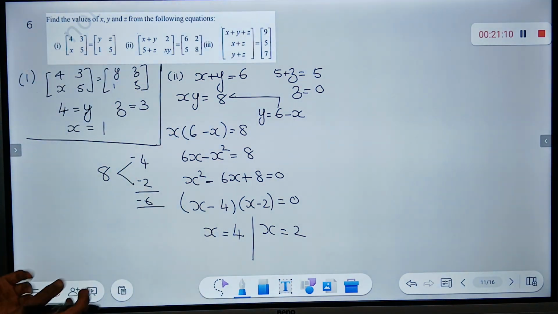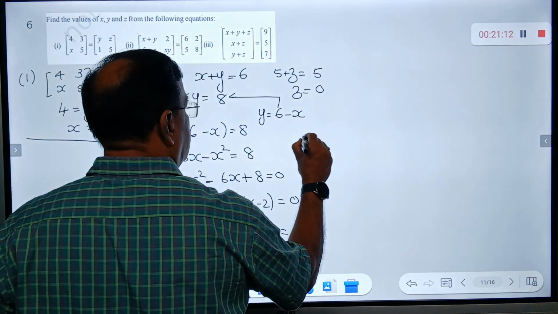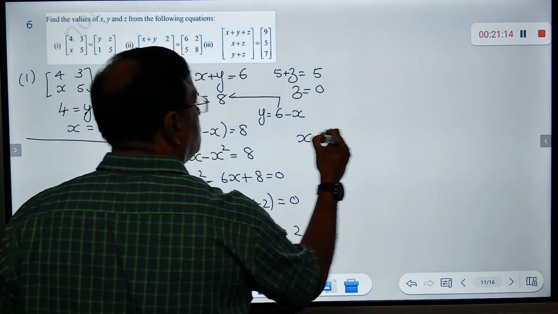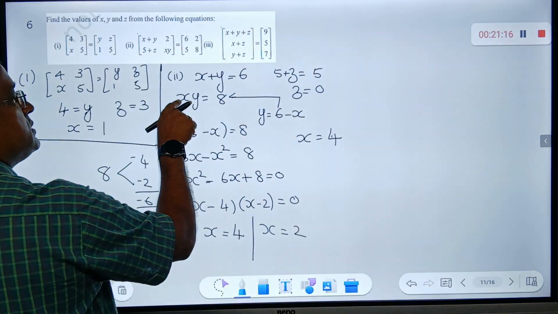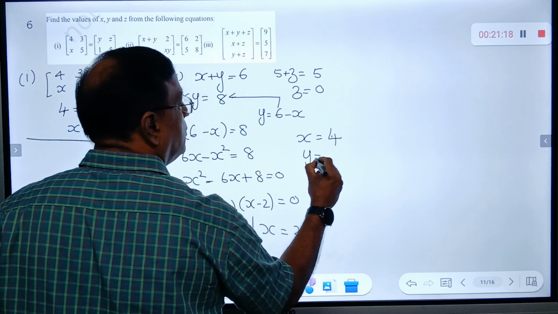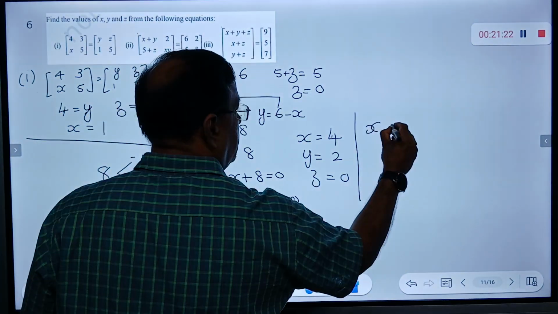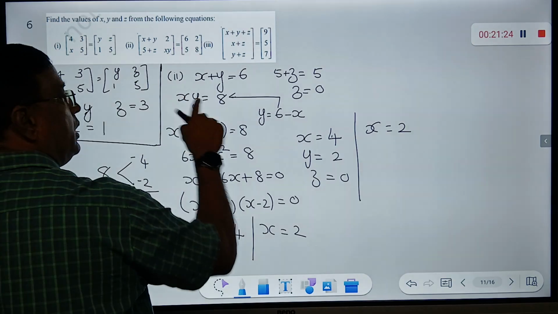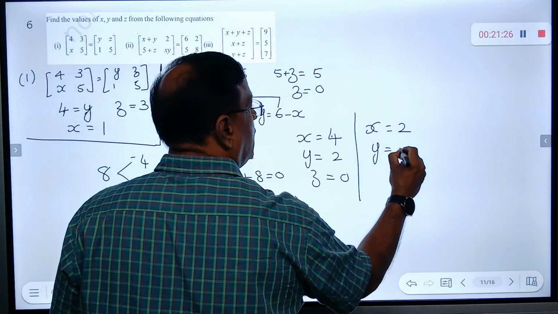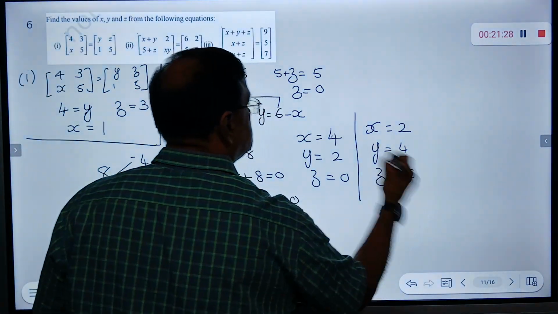So what are the possible answers? x is 4. So what is y? When x is 4, y is 2 and z is 0. What's the other answer? When x is 2, y will be 4. y is 4 and z is 0.